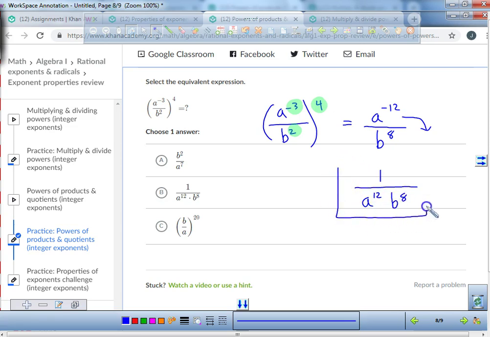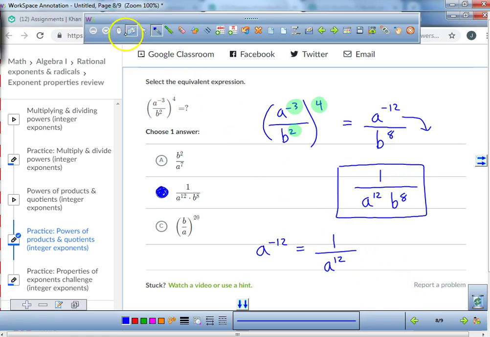So right here, this will be my final answer if everything is positive, which is going to be answer choice B. Why didn't I move the b to the power of 8? It was already positive. I don't need to move it. It can just stay right there. Okay, so I just move this down in the denominator, and there's a 1 right here. Just remember, a to the power of negative 12 is the same as saying 1 over a to the power of 12.